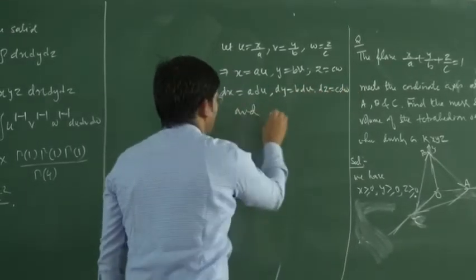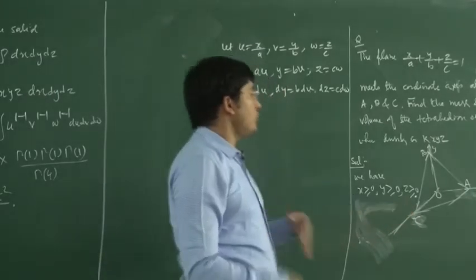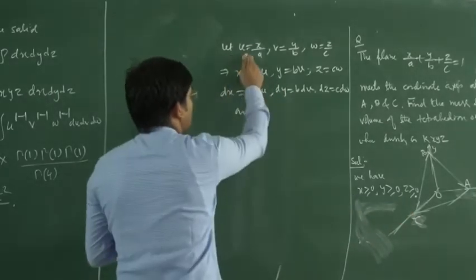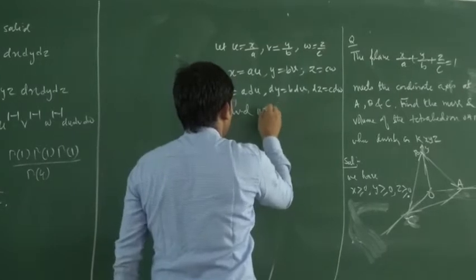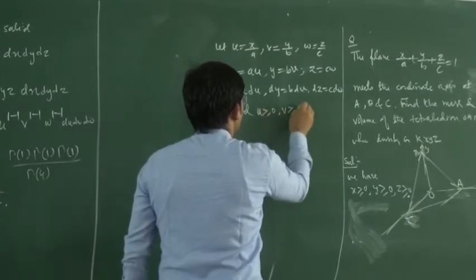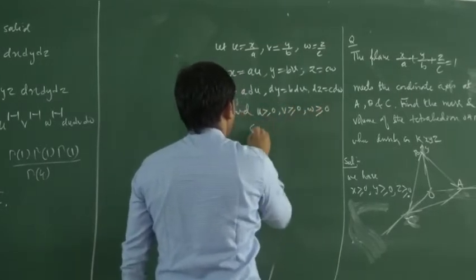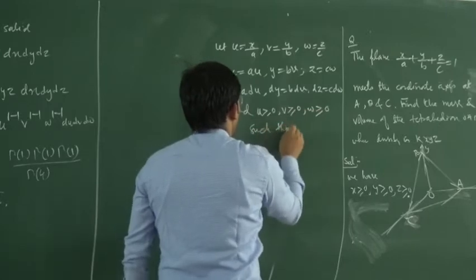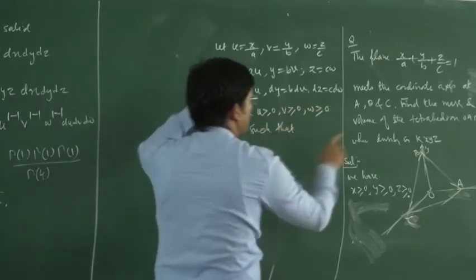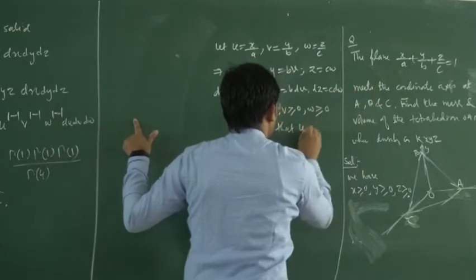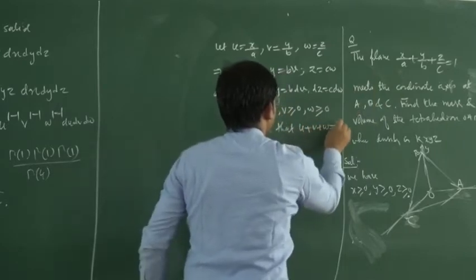And as x, y, z are all positive, u, v, w are also positive, such that the sum becomes u plus v plus w equal to 1.